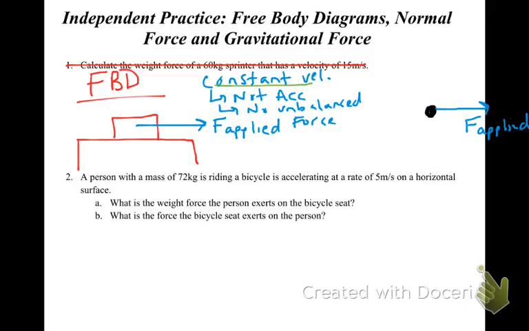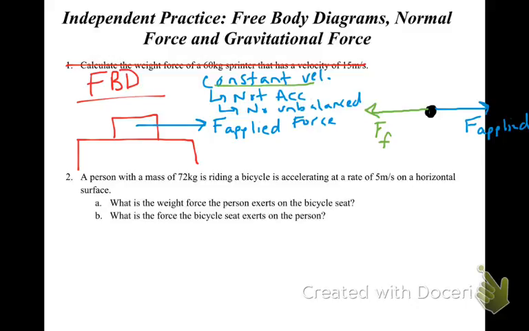Since we're moving at constant velocity, our frictional force arrow must be the same size as our applied force arrow, because these two forces are equal and opposite of one another. These arrows must depict the same magnitude force, just in opposite directions.